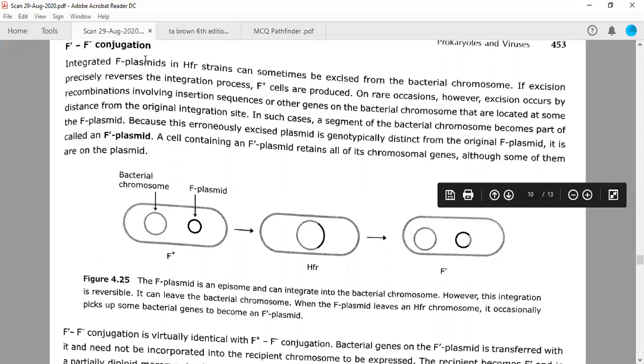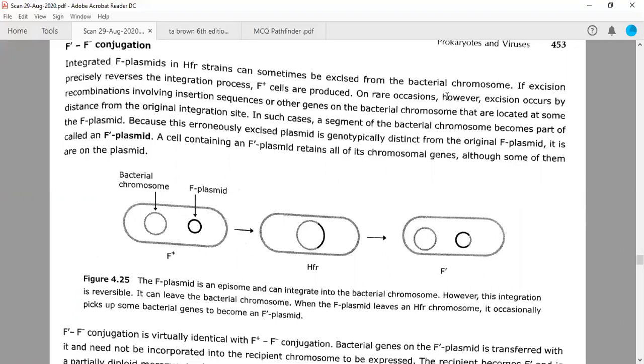So the integrated F plasmid in the HFR strain can sometimes be excised from the bacterial chromosome. It will come out of the bacterial chromosome again. If the excision precisely reverses the integration process, it will give the F plasmid, but this is not generally happening. So F positive cells are produced, but on rare occasions, sometimes.